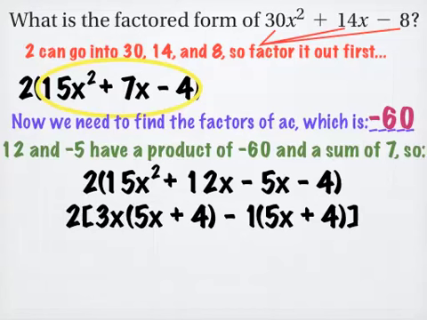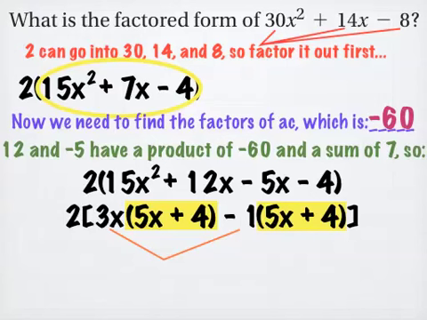And then negative 5x minus 4 have a GCF of negative 1. Notice I have the binomial 5x plus 4 repeated twice. I need to combine 3x and negative 1 and bring down my 5x plus 4.